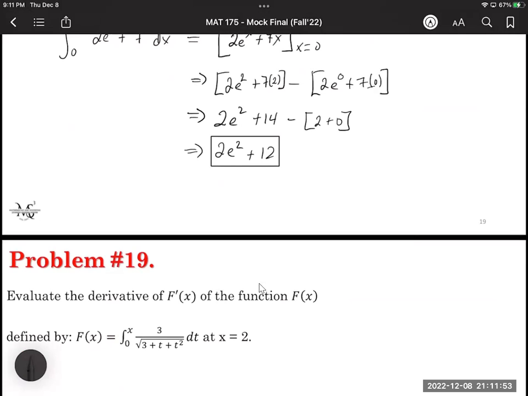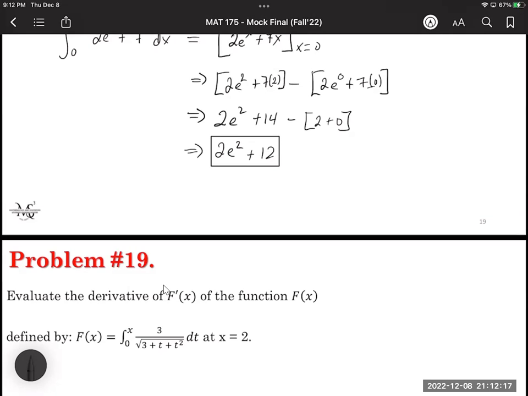So problem 19 says evaluate the derivative f prime of x of the function f of x, which is defined here. So if your function is defined by an integral, and then you take its derivative, what the second fundamental theorem of calculus states is that the derivative and integral are inverses of one another.